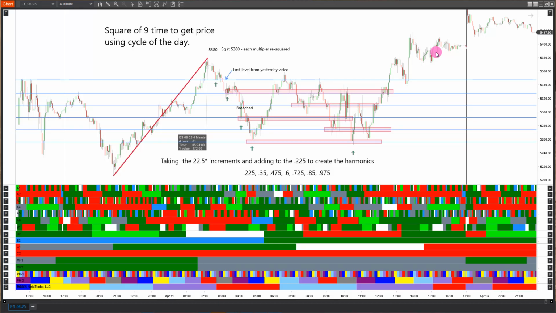Now, there are multiple number wheels. The square of 9 may not even be the best number wheel for this market, but it does work pretty well.